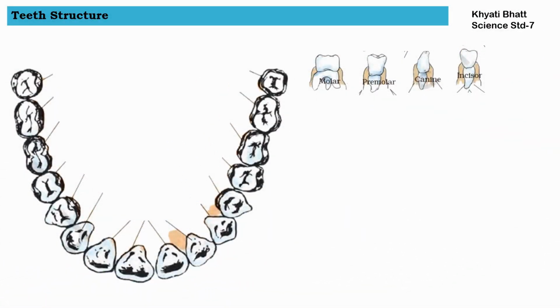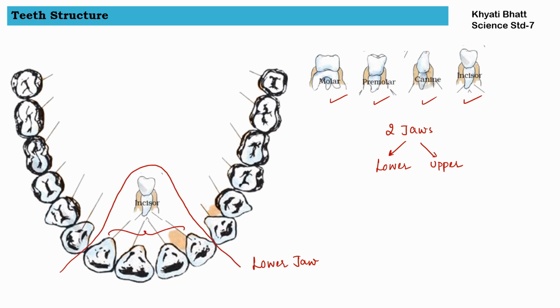Now let us discuss the teeth structure of our mouth. There are four types of teeth in our mouth. In our mouth there are two jaws, lower and upper. Here we are talking about one specific jaw, let us take the lower jaw. In the lower jaw there are four types of teeth. The first four teeth are incisors, so there are four incisors in one jaw.